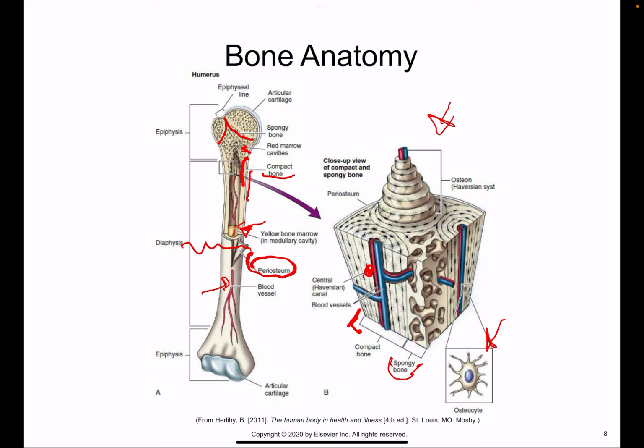A couple things you need to know about this specific part of the slide. Apologies. You have the epiphysis right here, diaphysis, and epiphysis. This is telling you regions of the bones. The epiphysis is most likely to connect to a joint, and the diaphysis is known as the bone shaft.